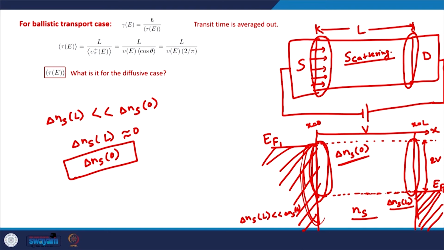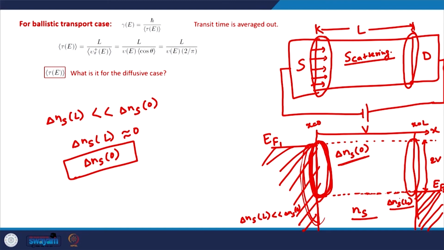We have an electron population here, delta Ns 0 on the left side, on the left contact, and 0 on the right contact. Okay.